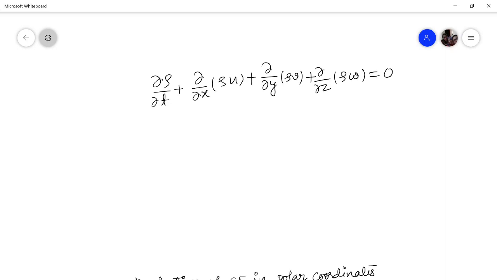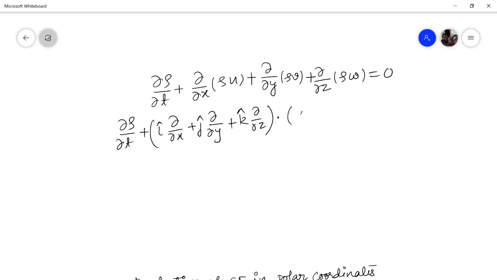Now, if you want to write this equation in vector form, how can that be done? That is i ∂/∂x plus j ∂/∂y plus k ∂/∂z, dotted with i ρu plus j ρv plus k ρw, and that is going to be 0.